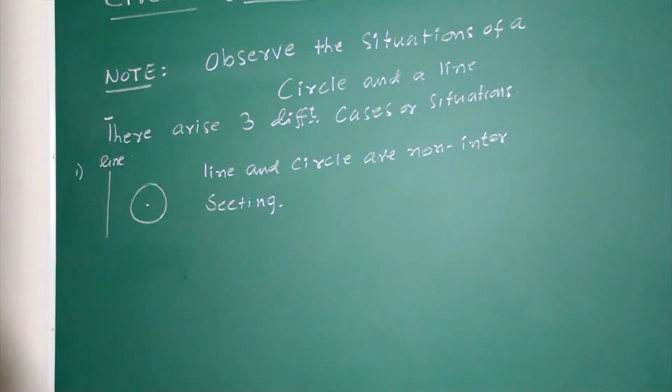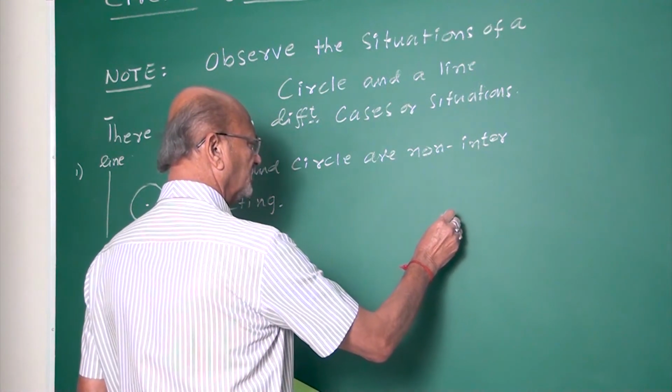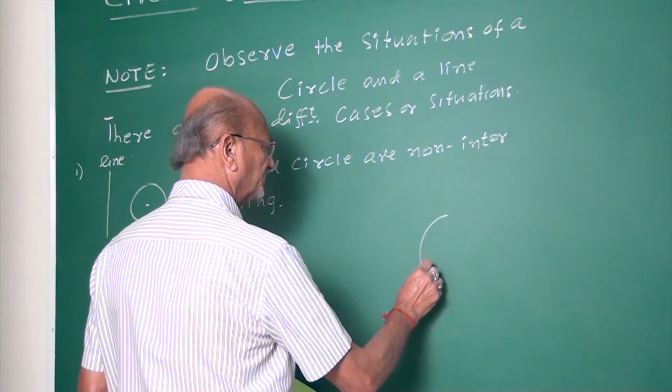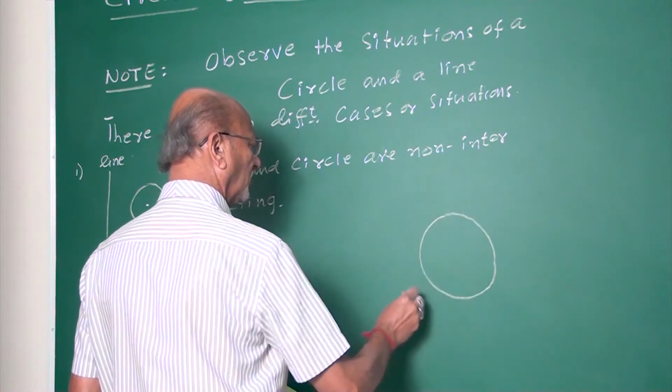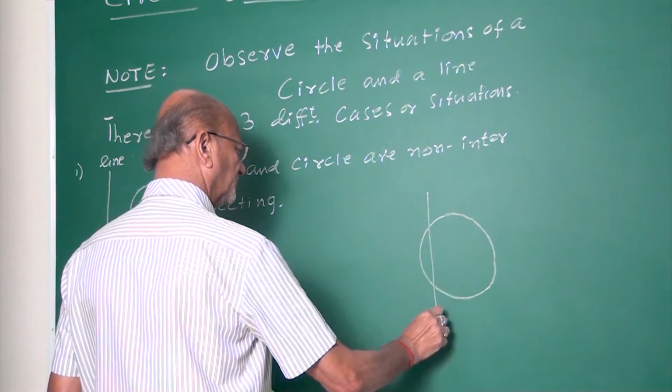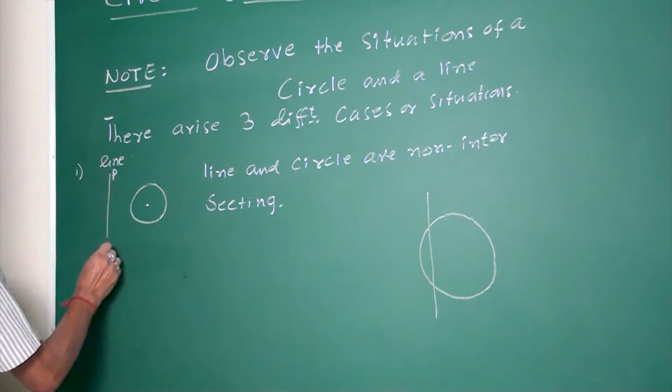Second case is what? The line intersects the circle. I name it as line PQ.